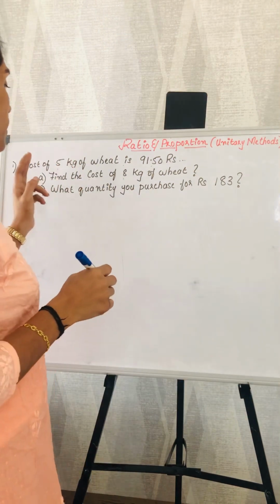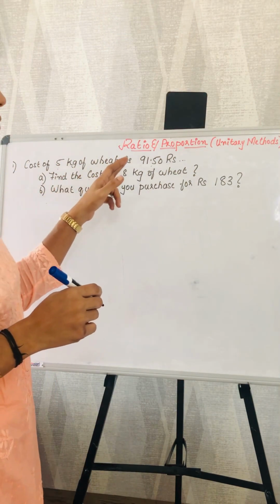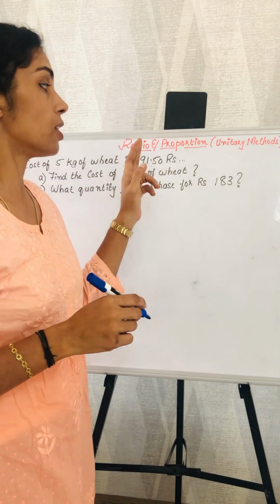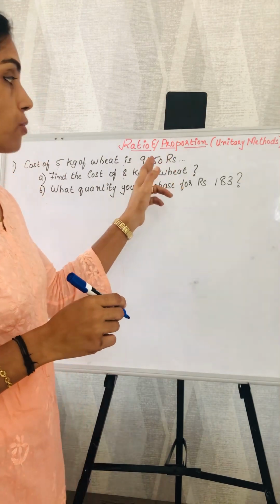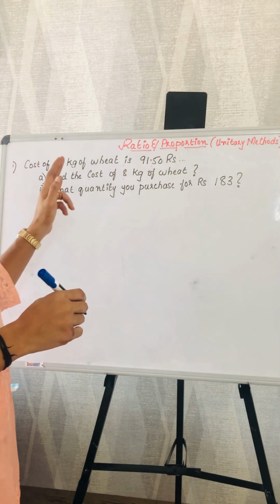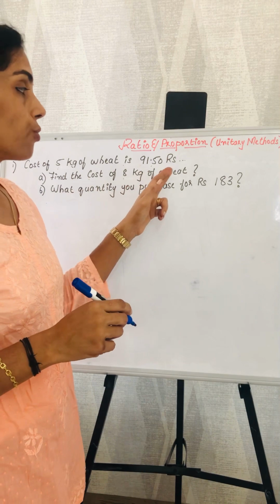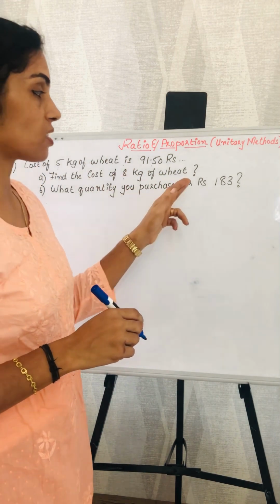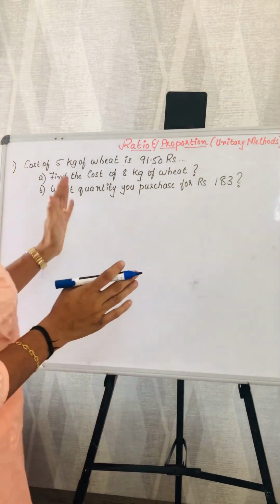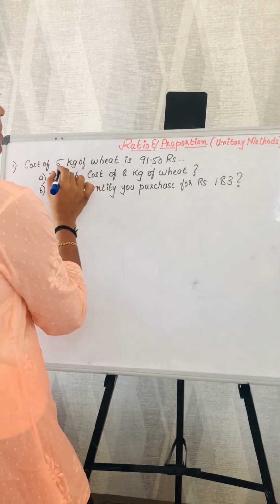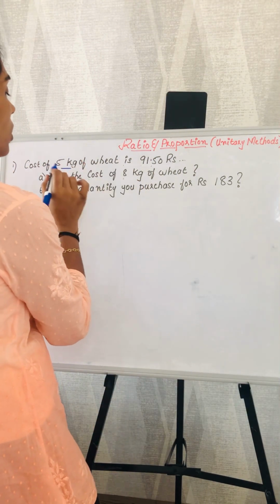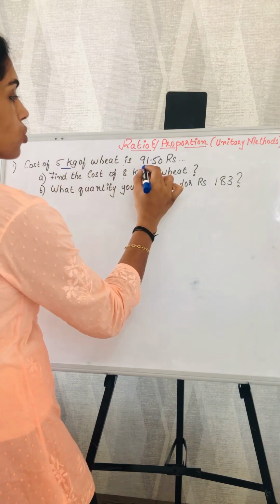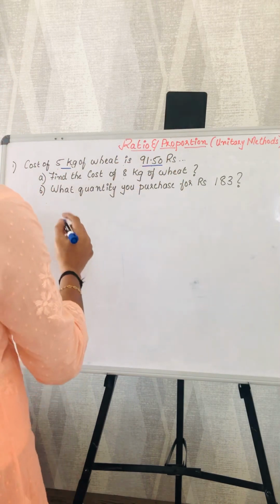Our first problem is: cost of 5 kilogram of wheat is 91.50 rupees, that is 50 paise. Find the cost of 8 kg of wheat, and the second part is what quantity you can purchase for rupees 183. So let's frame our first sentence. In first sentence we have got 5 kilogram of wheat is rupees 91.50.